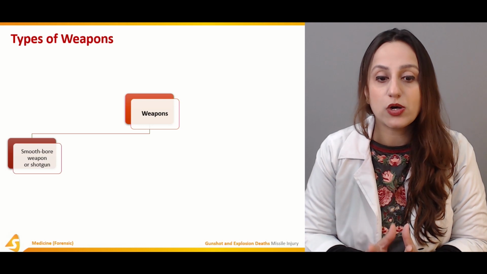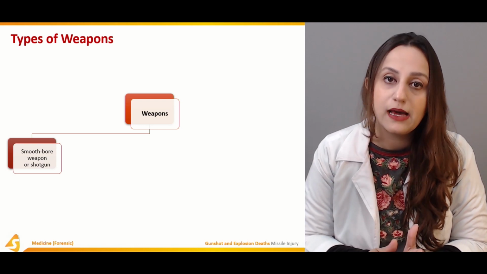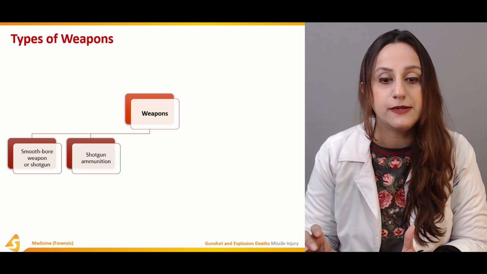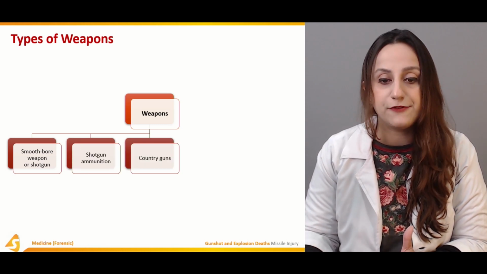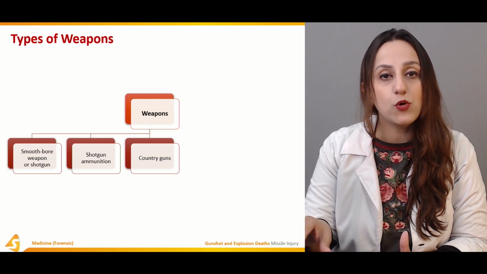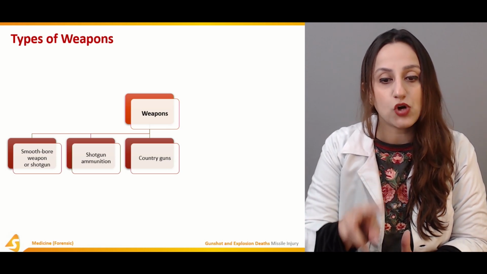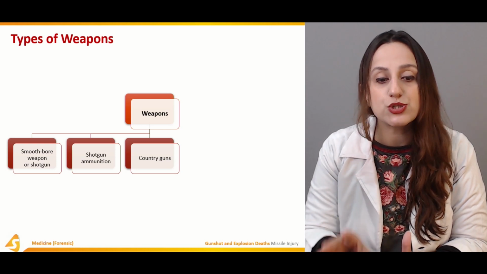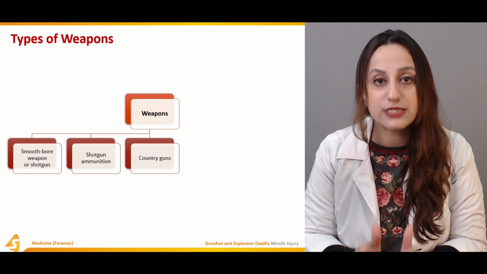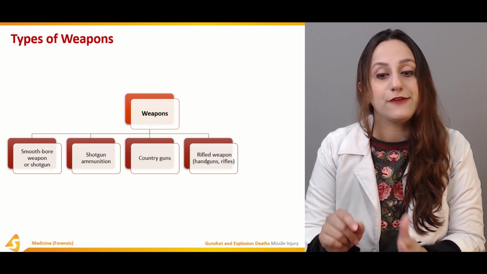So the velocity will be a little less than in a rifled firearm. In the smooth bore group we have country guns and the shotgun ammunitions. Both of these are included in the smooth bores, and all of them will have a lesser velocity than a rifled weapon.